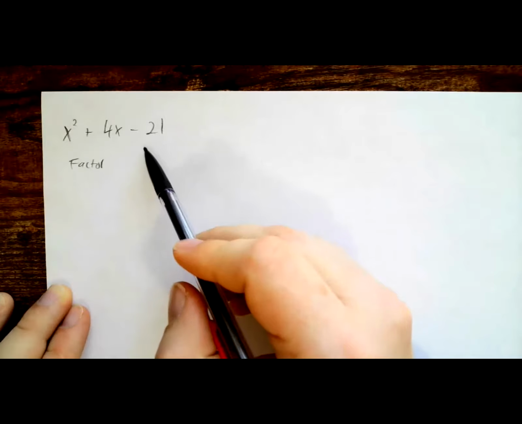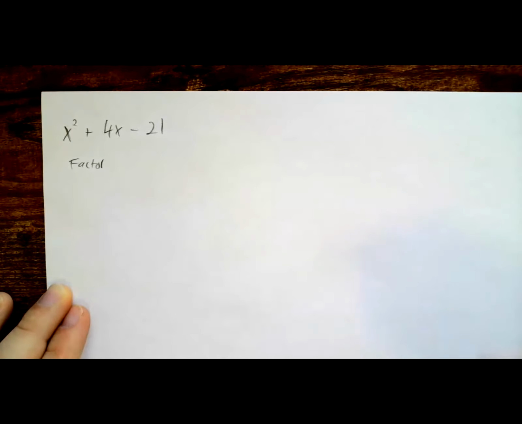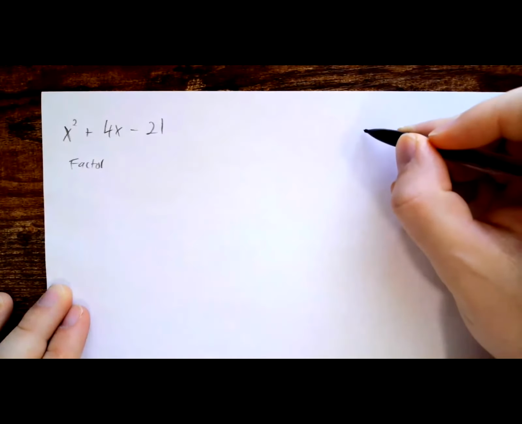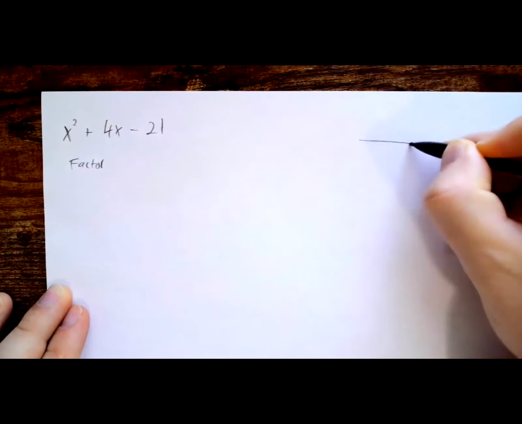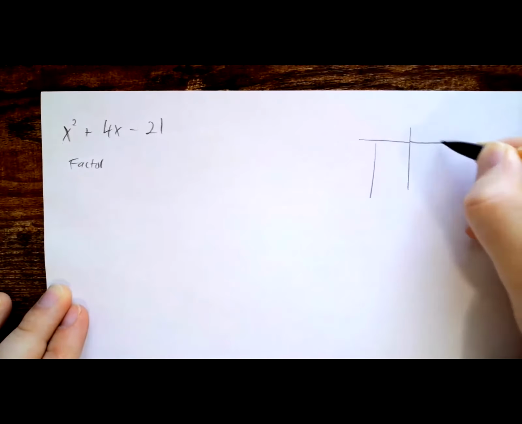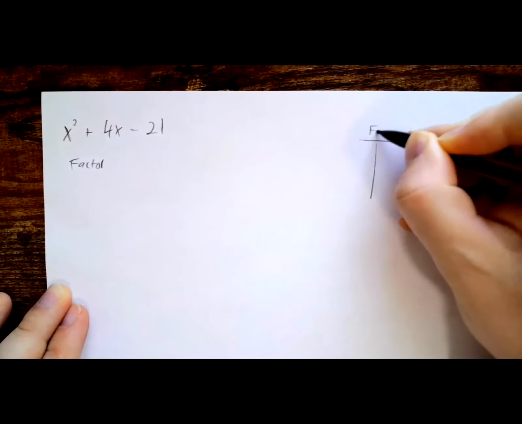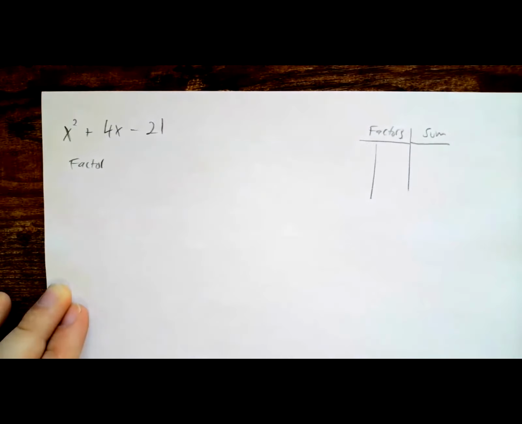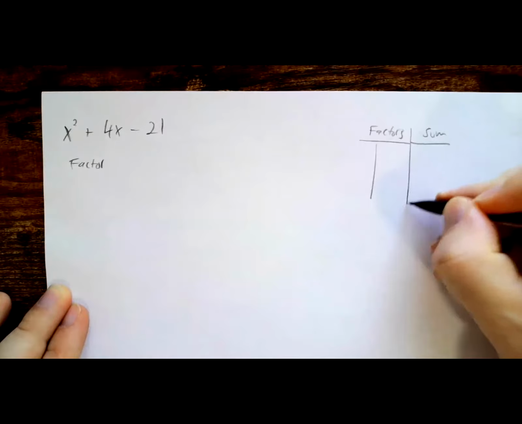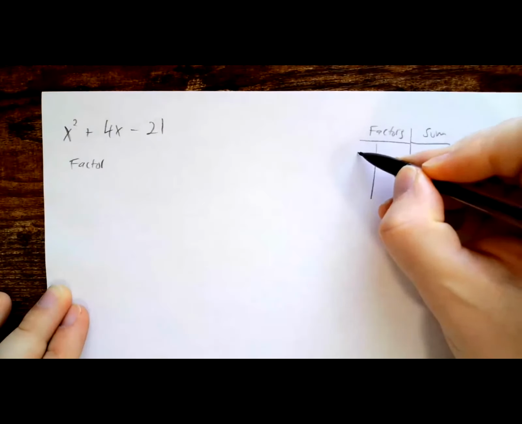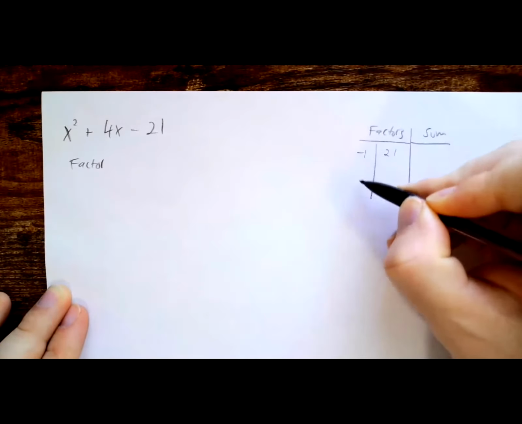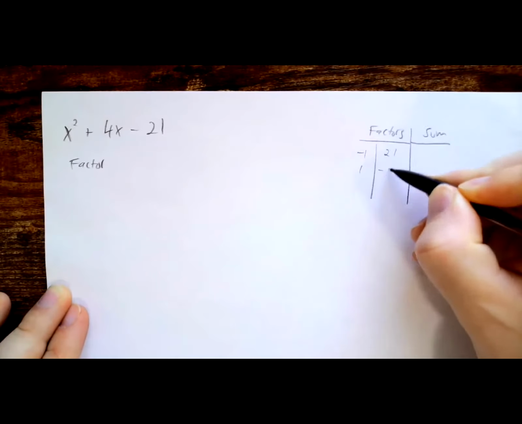So I'm searching for two numbers that multiply to -21 and add up to 4. Just go ahead and make my little chart. So what are the factors of -21? I can certainly do 1 and 21, or -1 and 21, or 1 and -21.